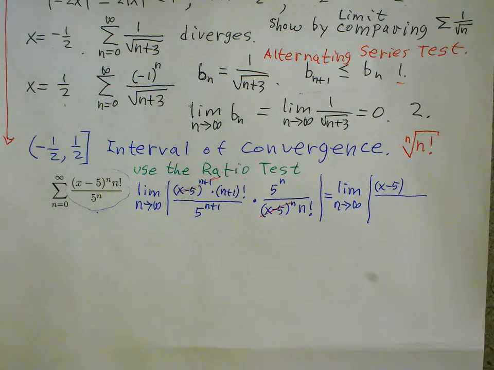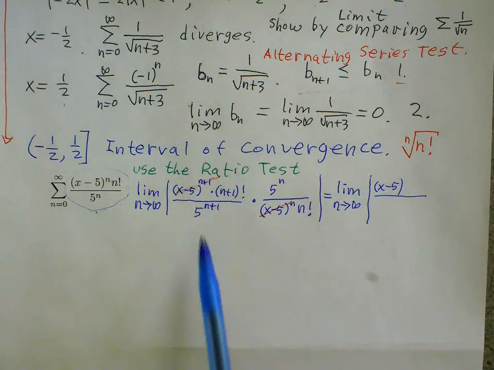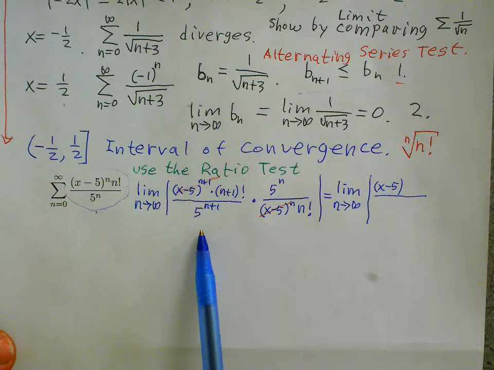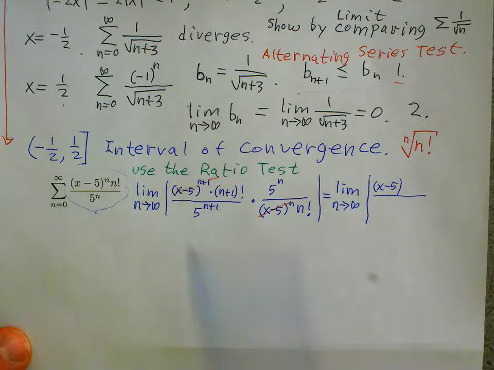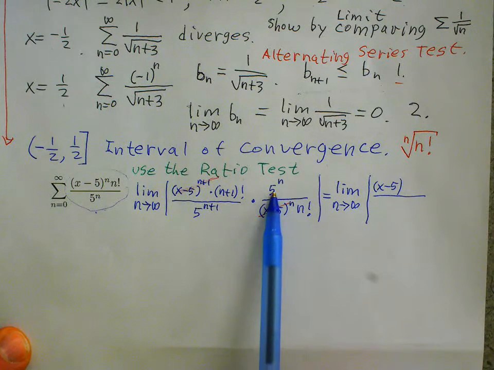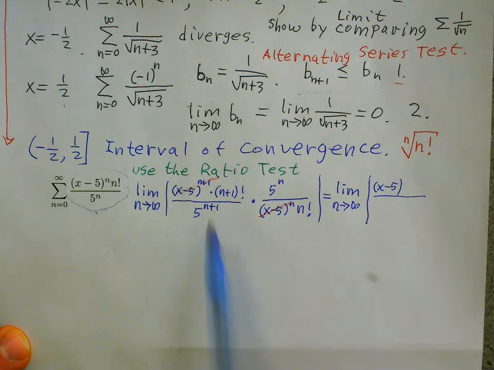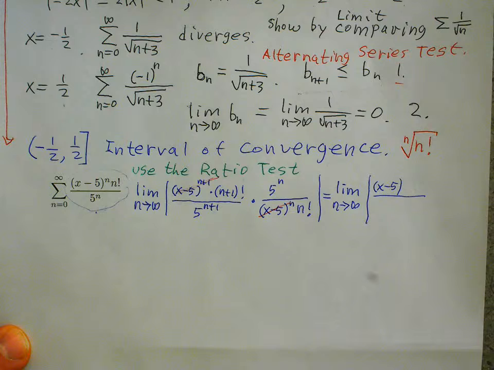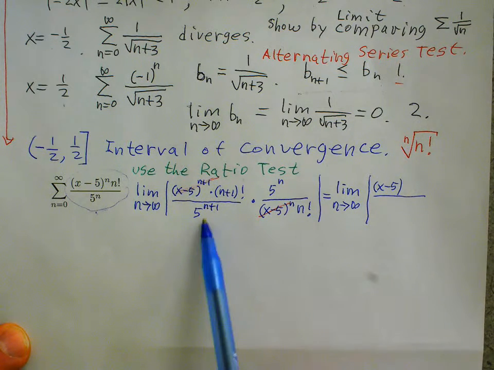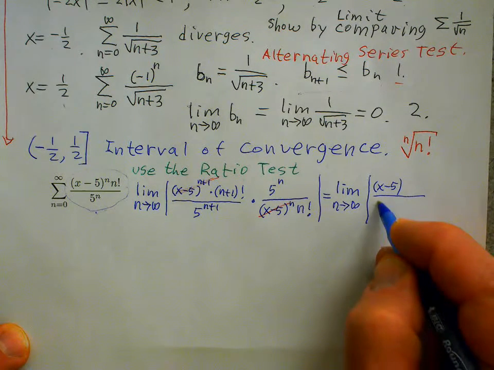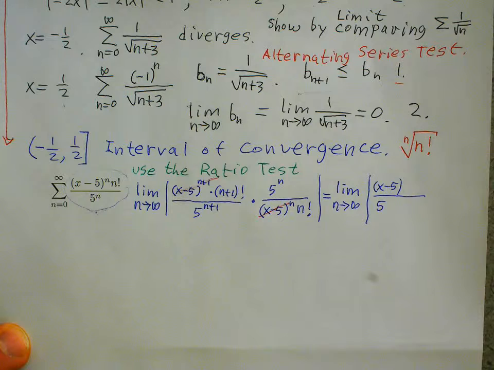And then what? So the 5 to the n cancels out with the 5 to the n plus 1, so we're just left with 5 to the first in the denominator. Yeah, 5 to the n divided by 5 to the n plus 1 simplifies to 1 over 5, or just a factor of 5 in the denominator.